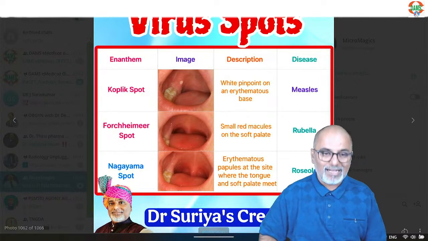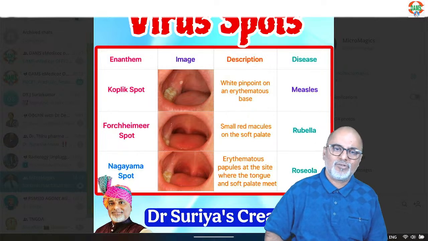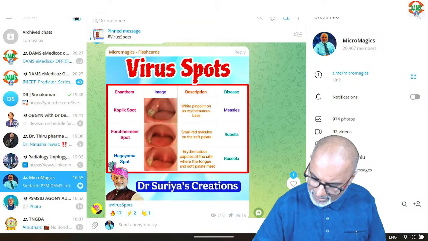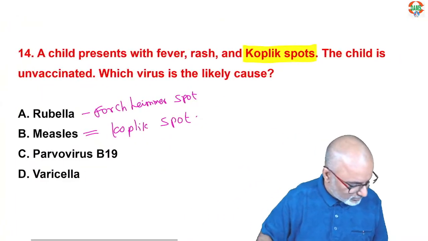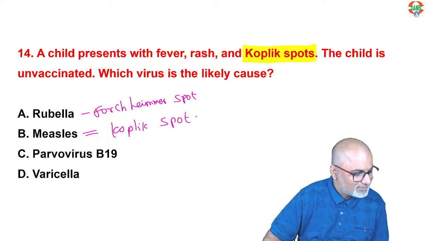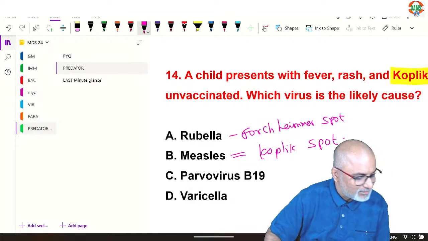Forchheimer spot and Nagayama spot are in the oral cavity. Measles, Koplik spot. Rubella, Forchheimer spot. Roseola, Nagayama spot. Remember, this is available in my Telegram group. You people are aware of that. Microbe Magics. Next is, yes, you are right, Maheshwari.